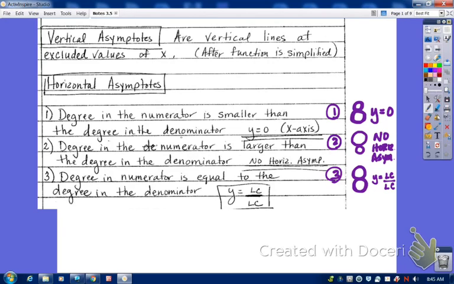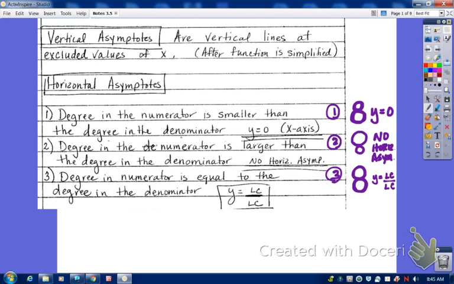If it's a perfect snowman where the top is smaller than the bottom, there'll always be a horizontal asymptote at y equals 0, which is the x-axis. If the top degree and the bottom degree are exactly the same, then you'll find the equation for your horizontal asymptote by doing y equals the leading coefficient in the top divided by the leading coefficient in the bottom. Okay? Questions?